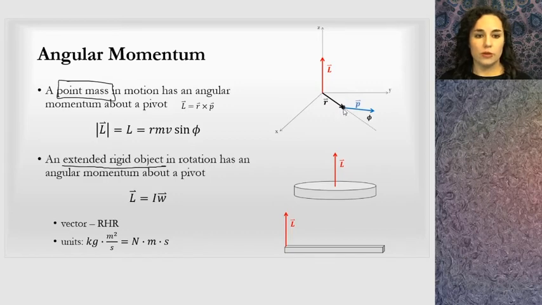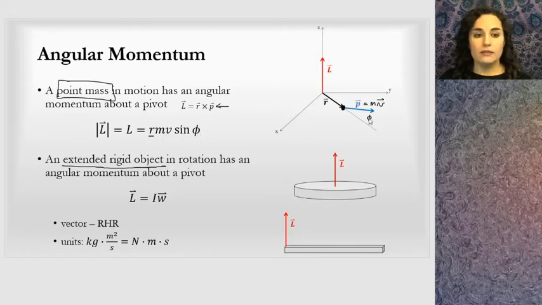If I just have a point mass here, and it's moving through space with some velocity or momentum, right? Momentum is just mass times the velocity vector. The technical definition is r cross p. That's a calculus-based version. When we simplify this for algebra, we see that there's an r, a mass, a velocity, and sine of the angle.